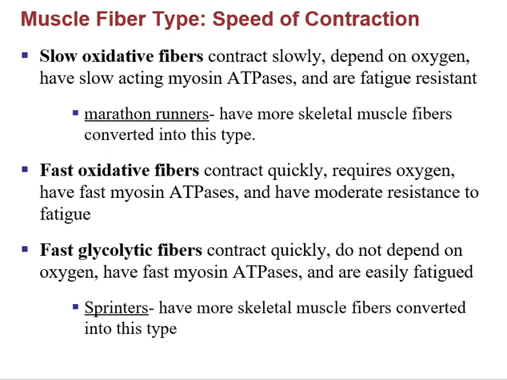They contract quickly as opposed to the slow oxidative fibers because they have fast ATPases, and they have moderate resistance to fatigue. And then you have fast glycolytic fibers, which do not depend on oxygen, but do contract quickly because they have fast ATPases. But they are easily fatigued, so they're best in sprinters, and sprinters tend to have more skeletal muscle fibers converted into this type.